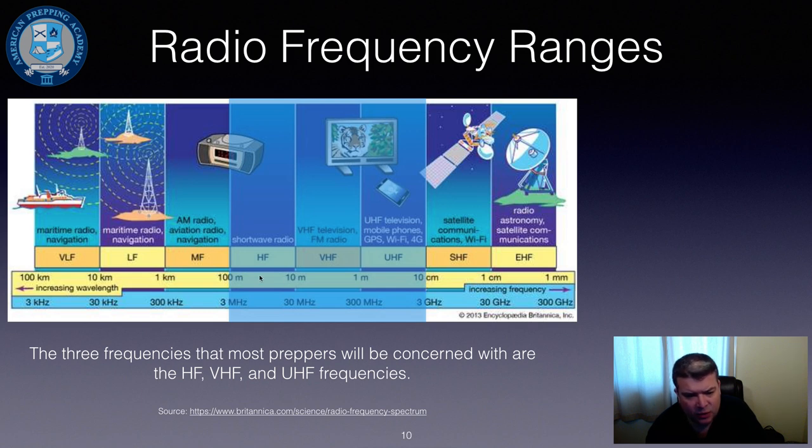So you can see that the wavelength varies greatly between these three bands. You're going from 100 meters on the low side of the HF range all the way up to 10 centimeters on the UHF range. Okay, and then the spectrum for these three ranges is about 3 megahertz all the way up to 3 gigahertz.